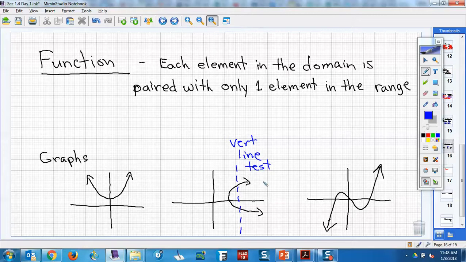Okay, so this one is not a function. The other 2 are. Okay, the other 2, any vertical line you draw through there is only going to touch in one place. Okay, all right.